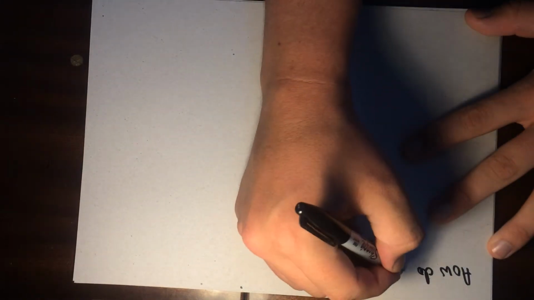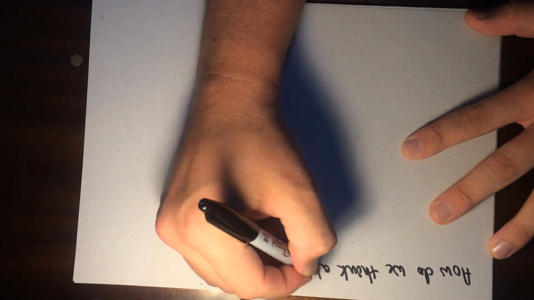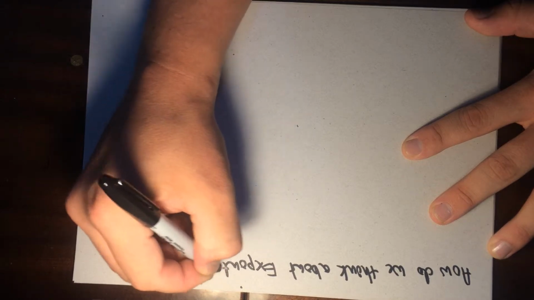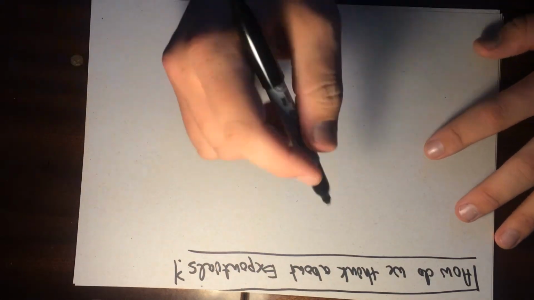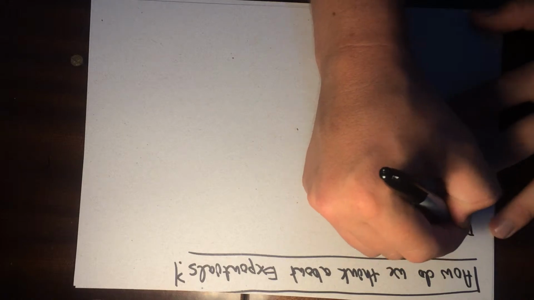All right. So the next thing I want to show is, how do we think about exponentials? Okay, and the important thing to think about is the periods. So, definition.